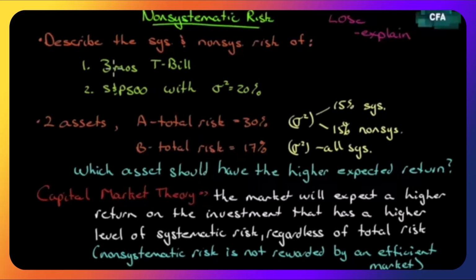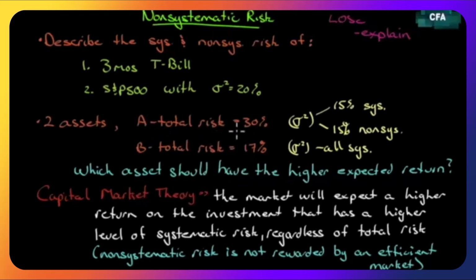We know how to do that. There would be no non-systematic risk because the market portfolio is a well-diversified portfolio with 500 constituents, not just 15 or 20 or 50, but 500. We can safely say that all non-systematic risk has been diversified. All that's left is systematic risk. Second point here, let's say we have two assets.